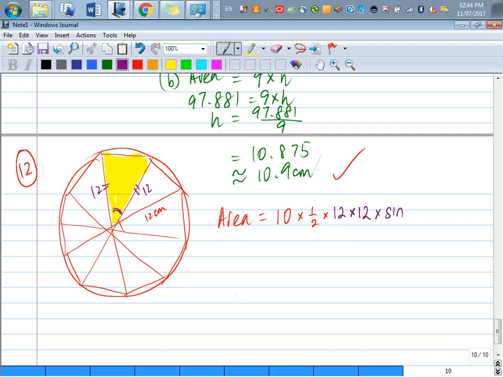There are 10 triangles. 360 over 10. This gives the area of one triangle. Okay, so with this we can continue and calculate.